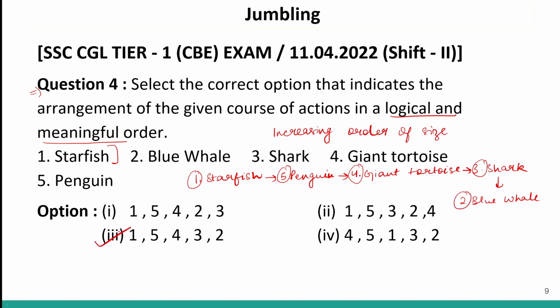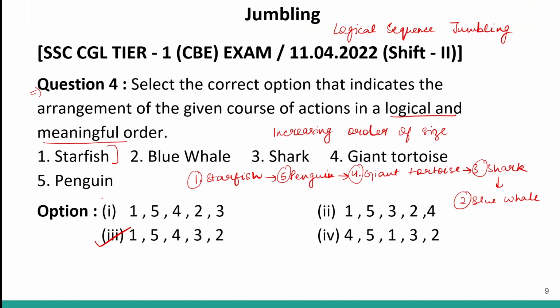option number 3. So whenever you get a question like this in which you have to arrange them in logical sequence, remember we did this type, logical sequence jumbling. So in logical sequence jumbling, we were given certain words or certain phrases, certain sentences, and we had to arrange them in a logical form.